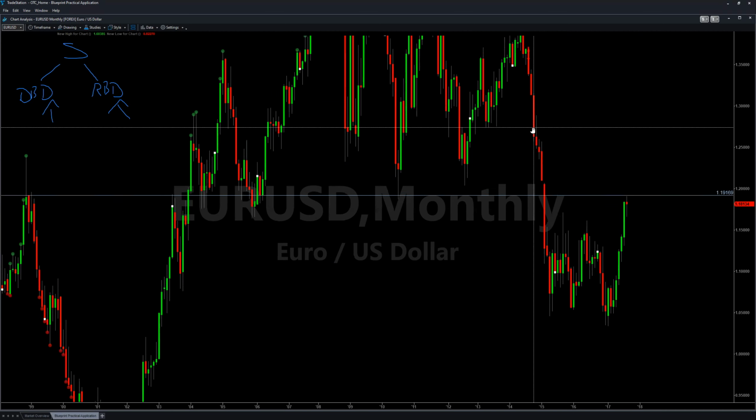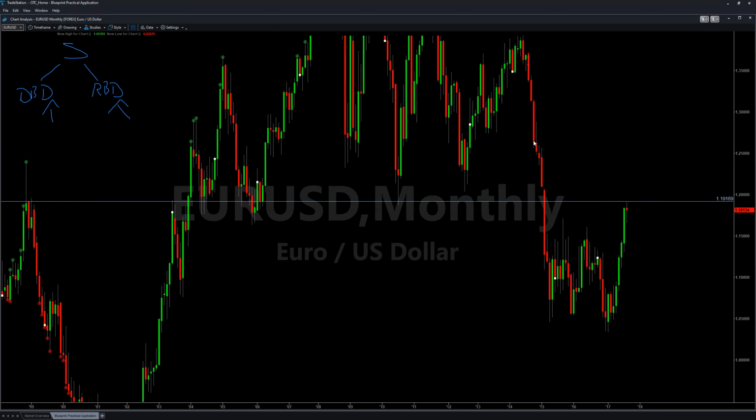Previous candle is a clear leg in candle. It is explosive, right? Another explosive candle. Means what, guys? That is a leg in. This is a leg in.